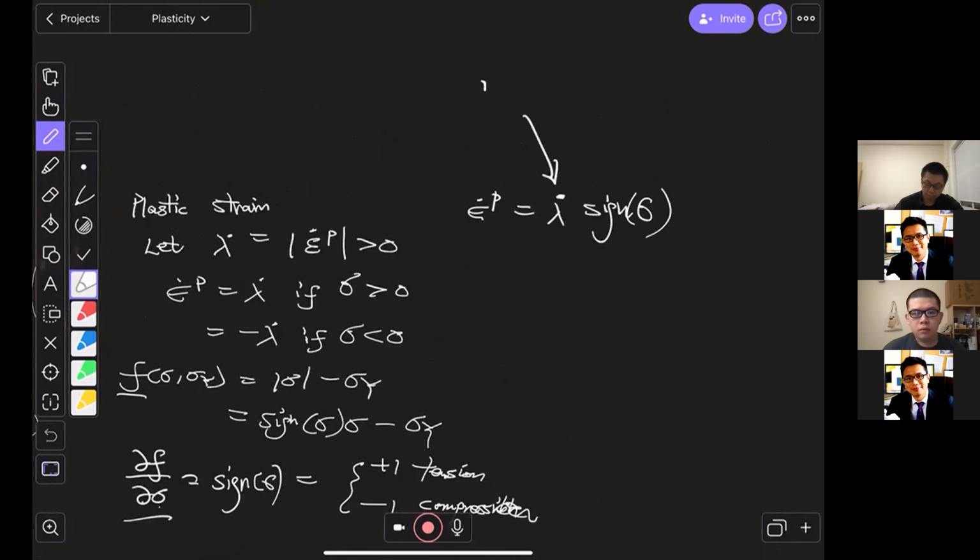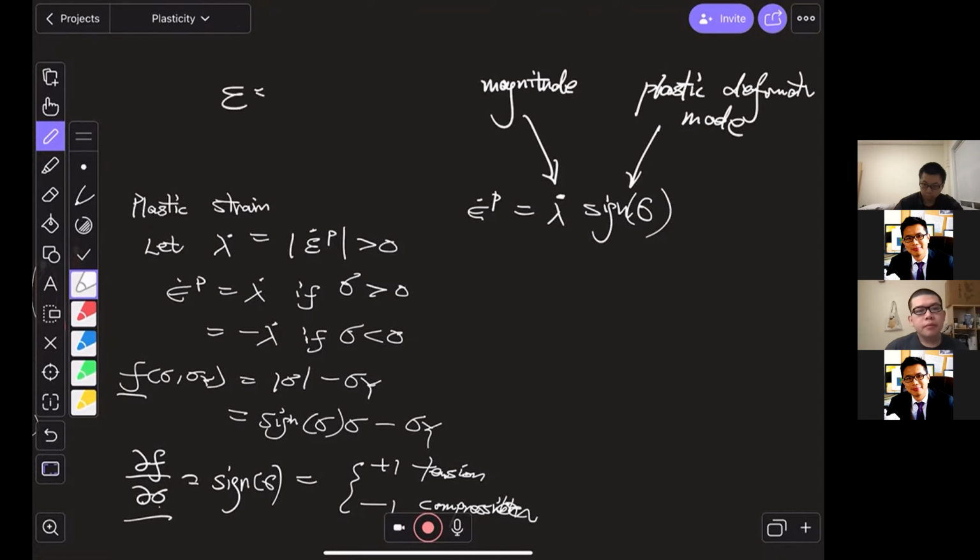So this one gives you the magnitude, and this one gives you the plastic deformation mode. You probably learned it from strain: if you decompose the strain, you can get multiple different modes, a volumetric mode plus a deviatoric mode. That corresponds to 2D and 3D, where this is no longer a sign but corresponds to a mode shape.